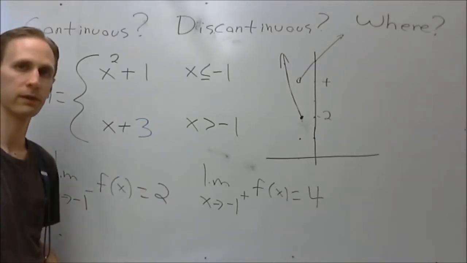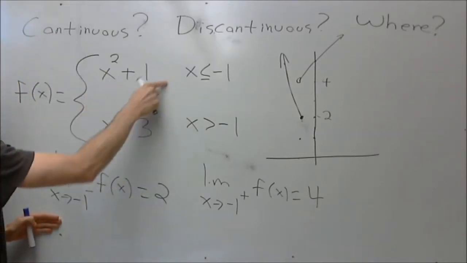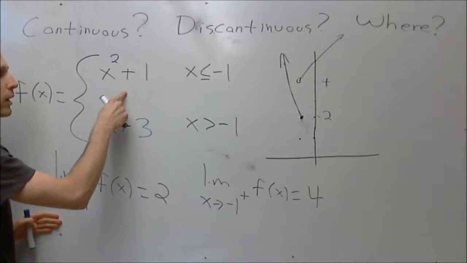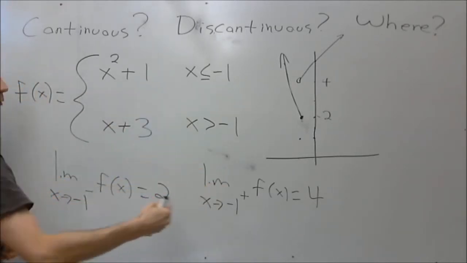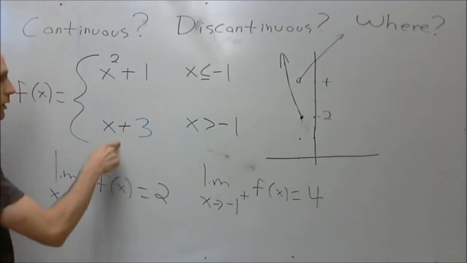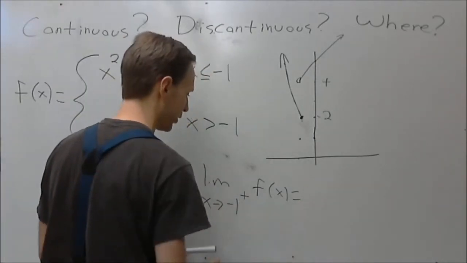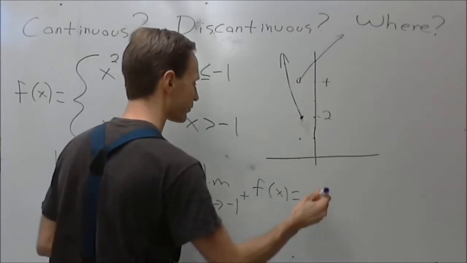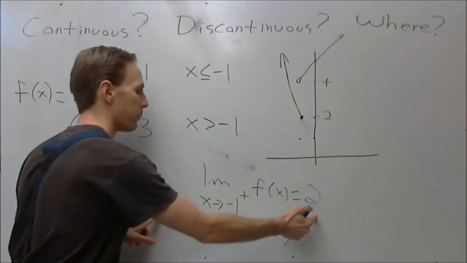So we go to compute the left and right-handed limits. The limit from the left, same thing. You're going to use this old piece, plug -1 in here, you still get 2. Compute the limit from the right, plug -1 in here, and you get a value of 2 instead of the old 4. Now, these two match up.